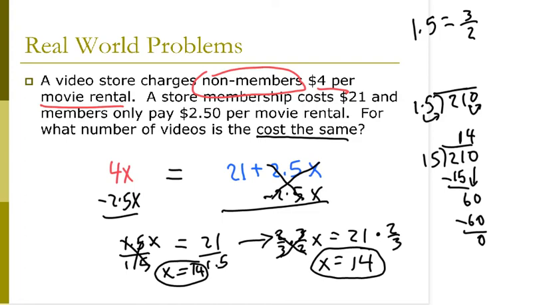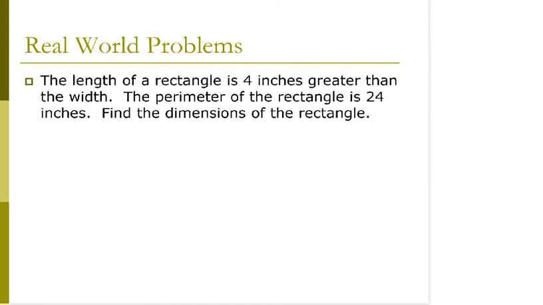Here's another practical application. So with length and width, in this case they're saying that the length of a rectangle is, that's an indication that we're dealing with an equal sign. So the length is 4 inches greater, so 4 plus the width.